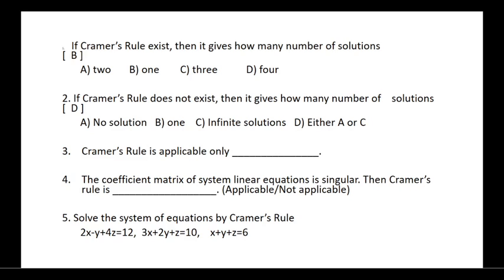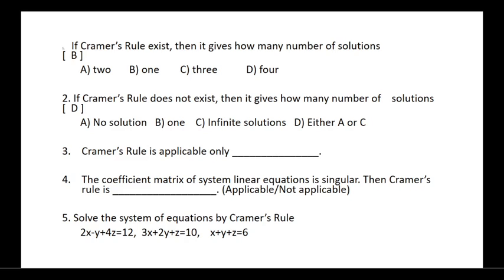Then what is delta 1? Delta 1 is the determinant of the coefficient matrix in which the first column is replaced by the constant matrix. Delta 2 is also the determinant of the coefficient matrix, in which the second column is replaced by the right hand side constants, the constant matrix elements.